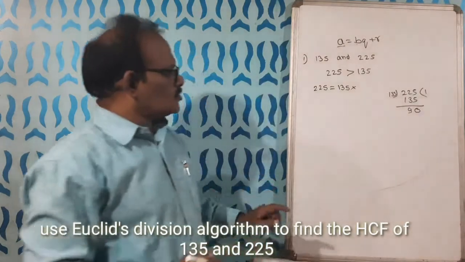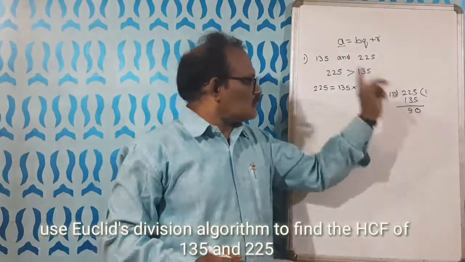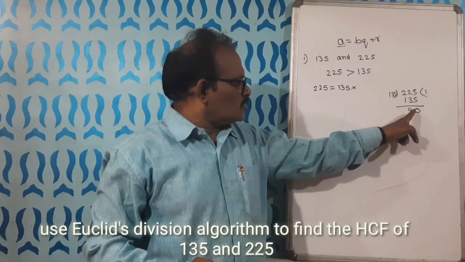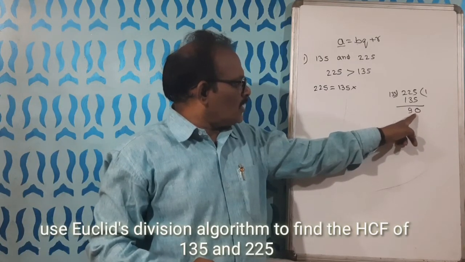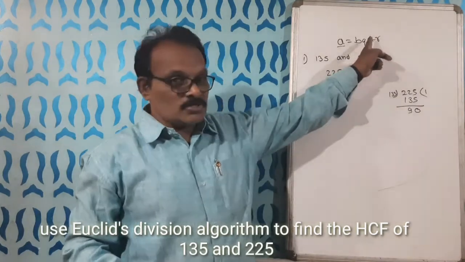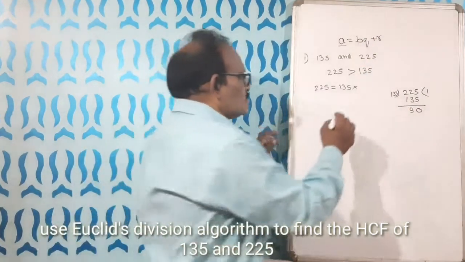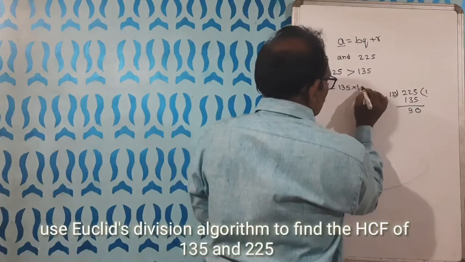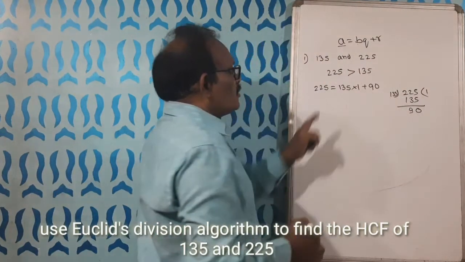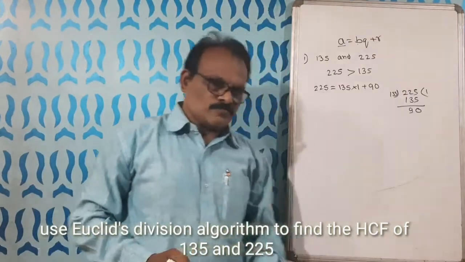So what did we get? 90 is less than 135. The remainder should always be smaller than B. So 225 = 135 × 1 + 90, because 90 is the remainder and the quotient is 1.